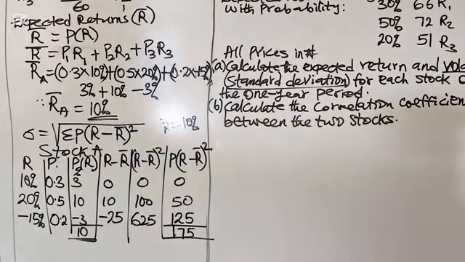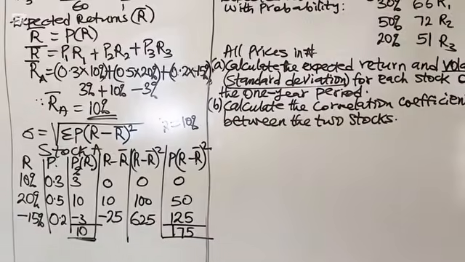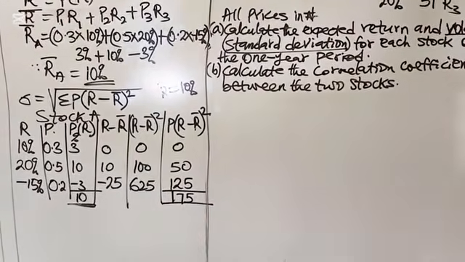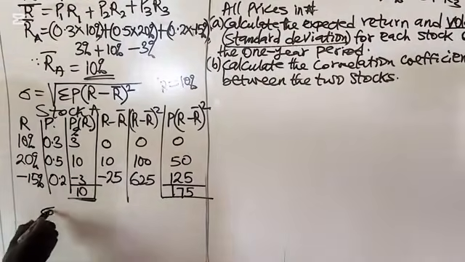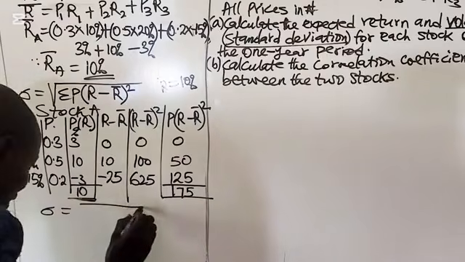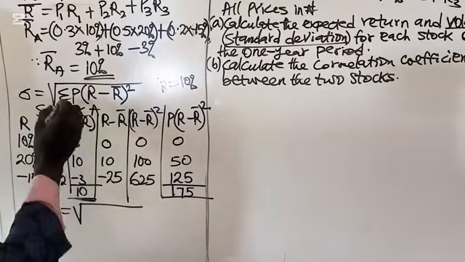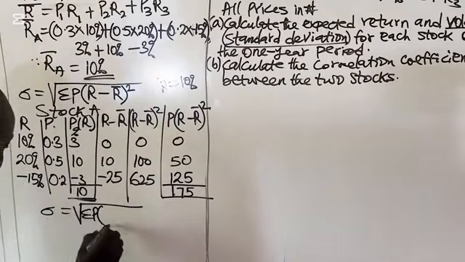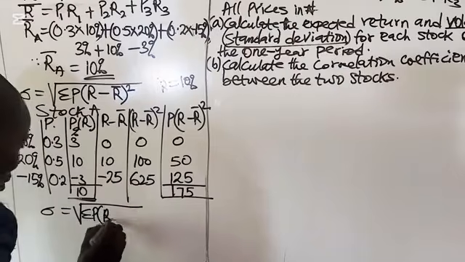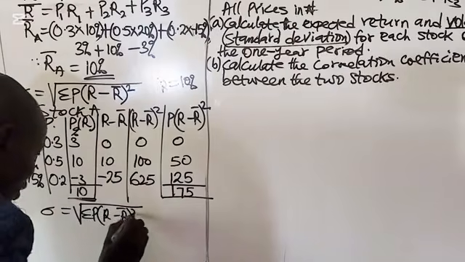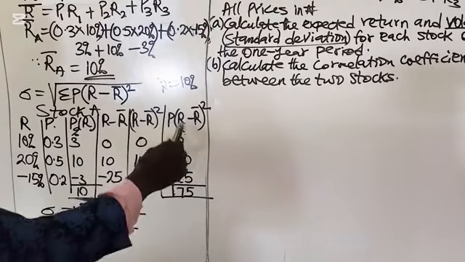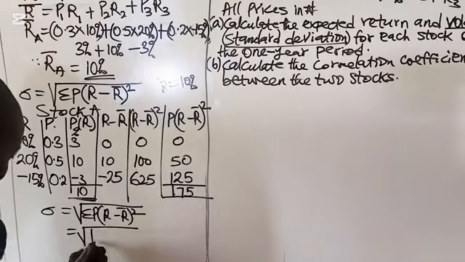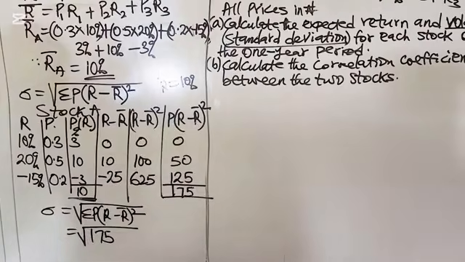Now that you've gotten the variance to be 175, we said the standard deviation is equal to the square root of variance, which is the square root of the sum of P times R minus R bar squared, that is 175 as calculated.